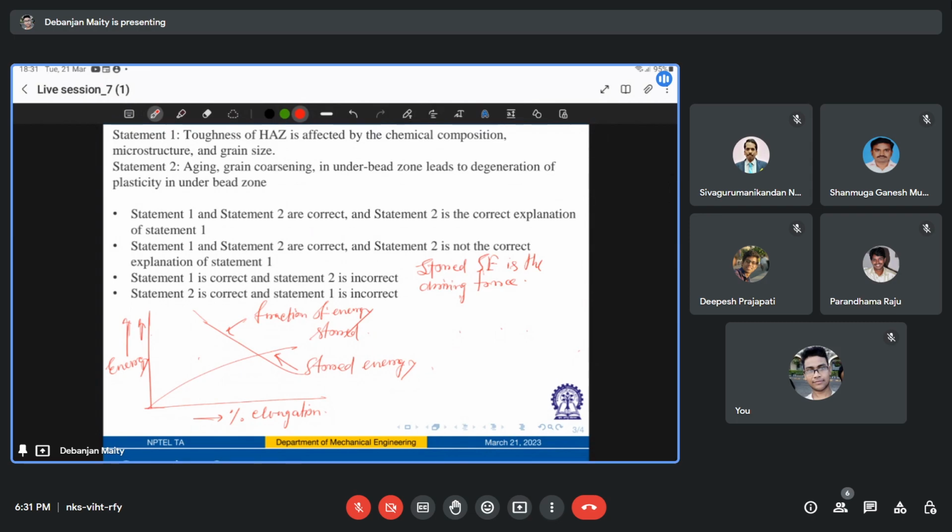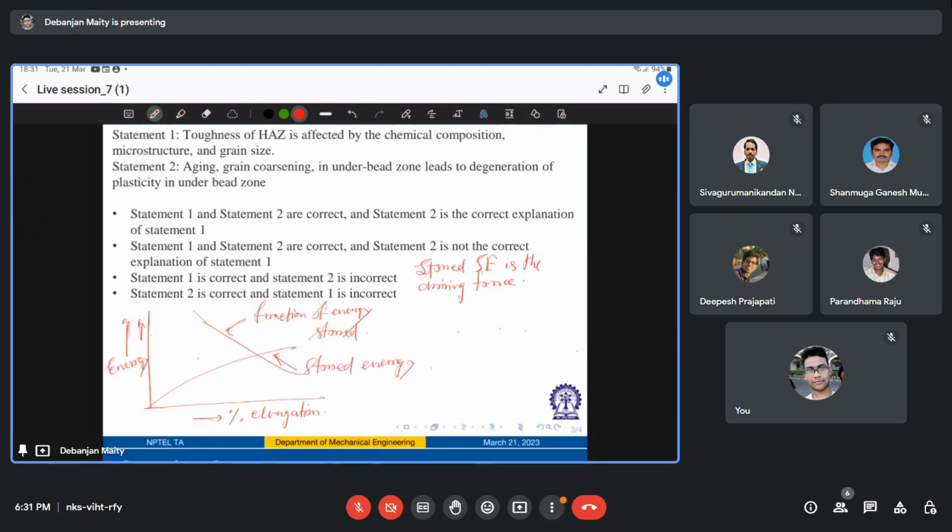Now, what do you think? With increase in annealing temperature, will the extent of recrystallization increase or decrease? It must increase. The extent of recrystallization always increases with increase in annealing temperature, right?